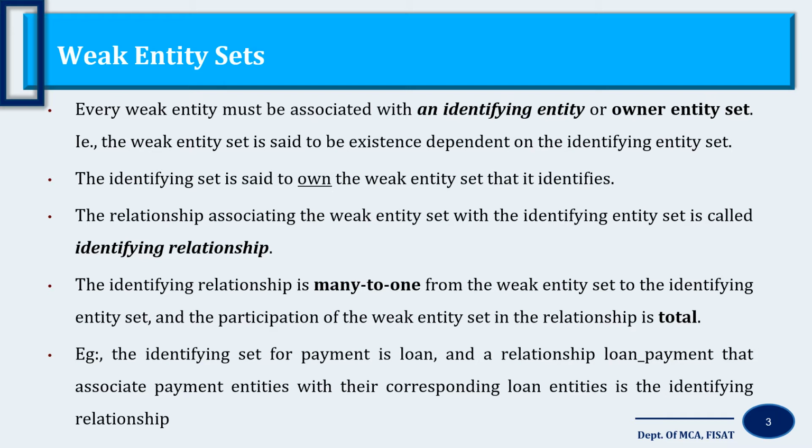The identifying set or owner entity set of the payment is loan, and these two entities are associated using this identifying relationship termed loan payment. That is, every payment entity is associated with its corresponding loan entity.